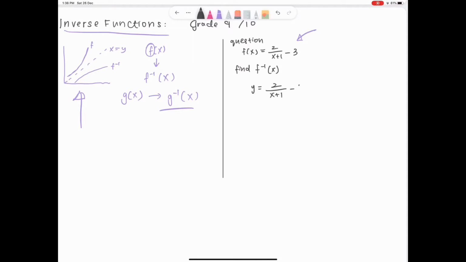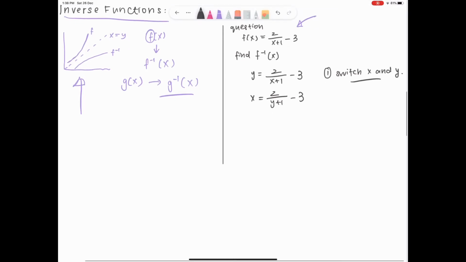From this, the first step, I would switch x and y. So now you rewrite it by switching x and y. The second step is to get the y back to its original place.